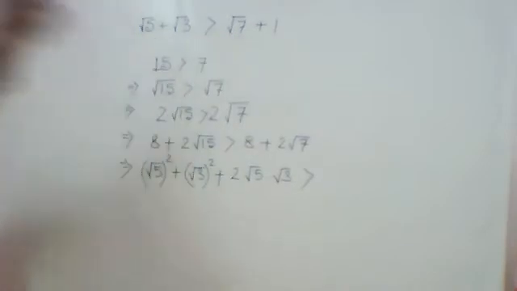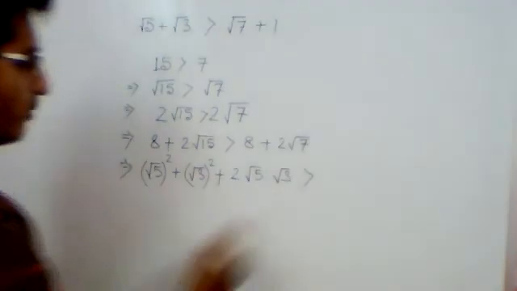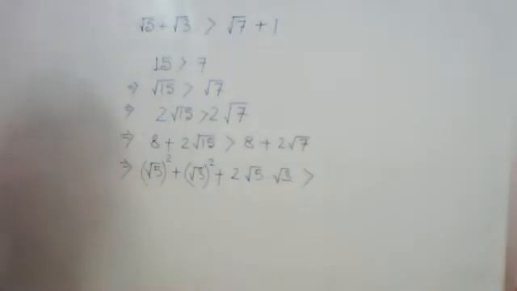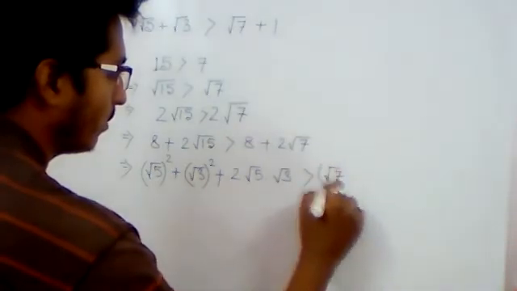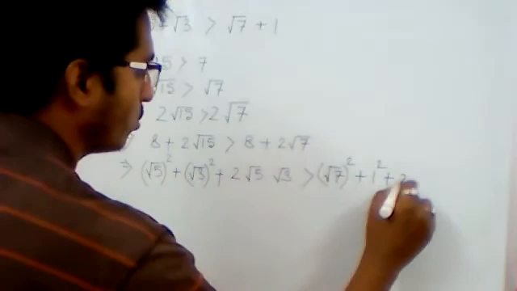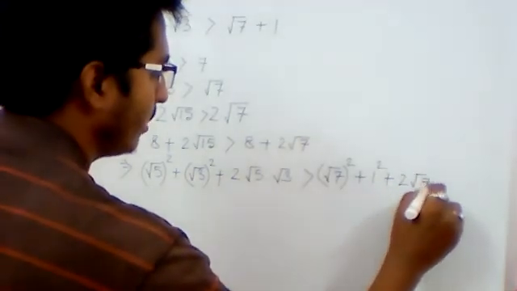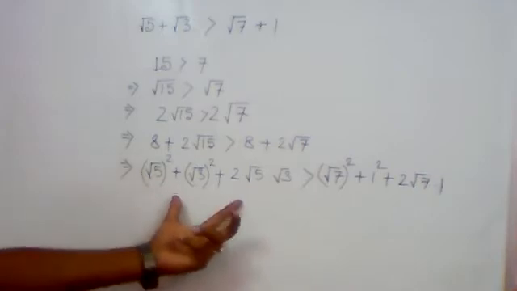It is the main target of this problem, from where we will approach the question. So it will be root 7 whole square plus 1 square plus 2 into root 7 into 1. Now observe, the left side is a perfect square as well as the right side.